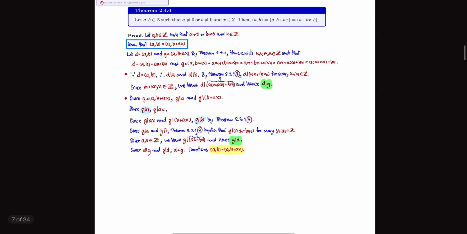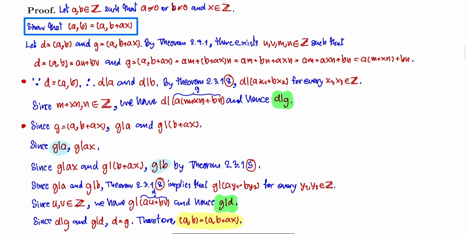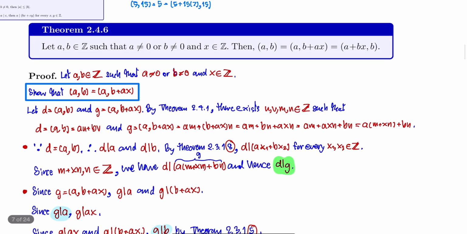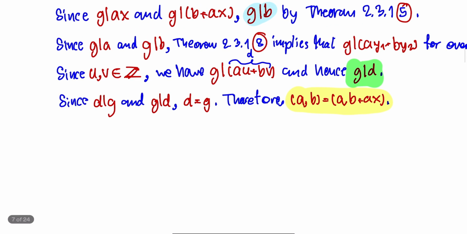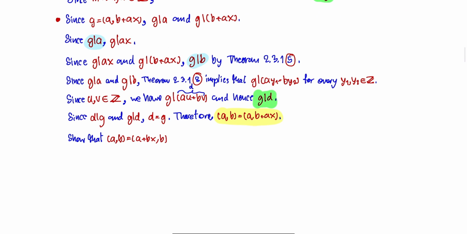And then what do we want to do next? We want to show that the greatest common divisor of a, b equals the greatest common divisor of a plus bx and b. Okay, let's prove this. So we have to show that the greatest common divisor of a, b equals that of a plus bx and b.